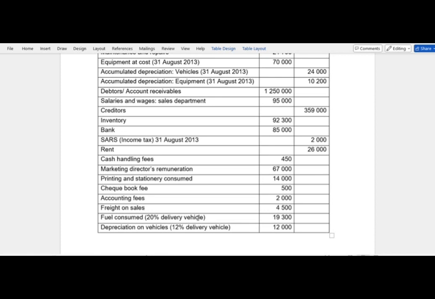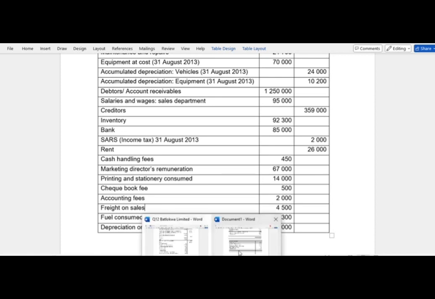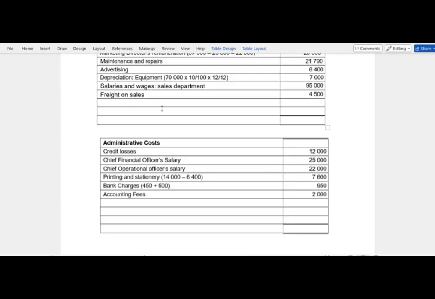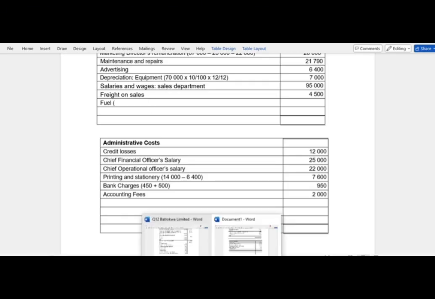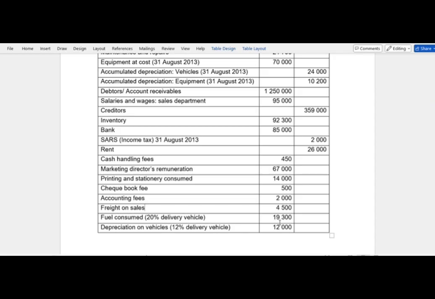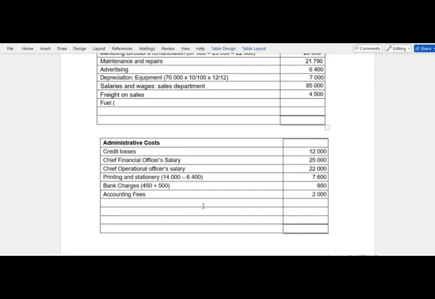So we're gonna go to our distribution first and say fuel. All right, open brackets. How much is our fuel right there? Let's see. Our fuel there is 19,300. So we are going to say 19,300 multiplied by 20 divided by 100, because 20% is for delivery vehicle.